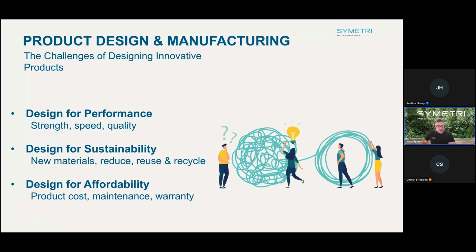And design for affordability. Cost is always a major factor in product success, so we need to design products that are not only functional and sustainable, but also economically viable. This means controlling production costs, optimizing the manufacturing process to reduce waste and improve efficiency, reducing maintenance and warranty costs, so designing products that are reliable and require minimal maintenance.